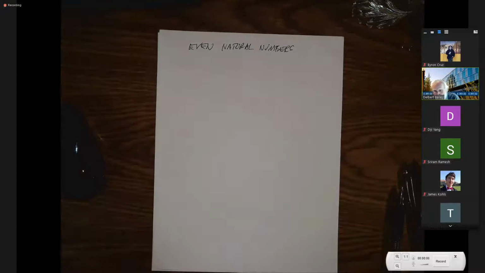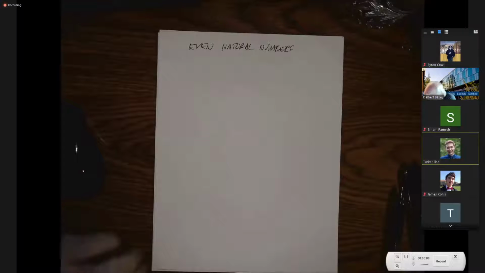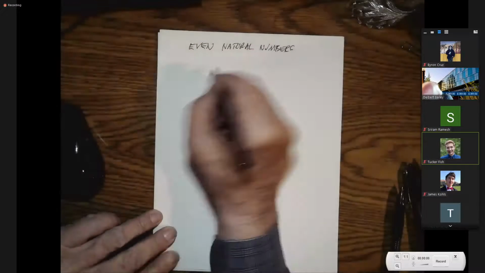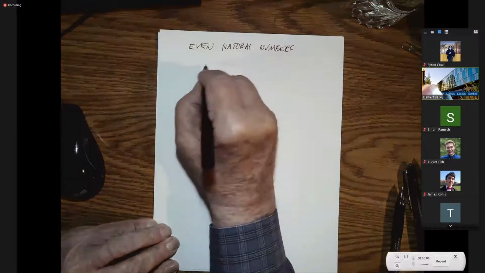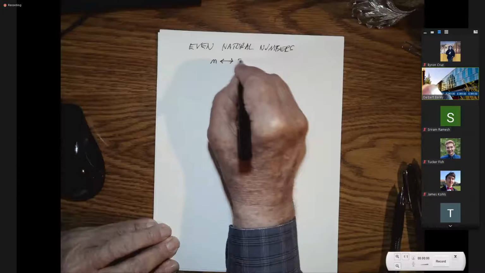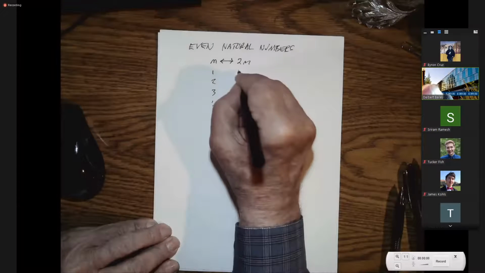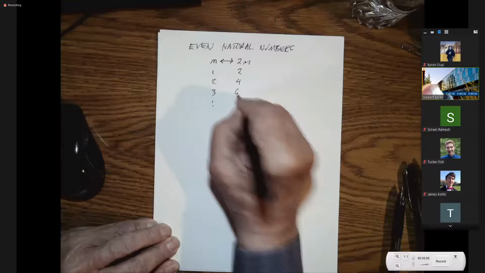There's certainly an infinite number of them, right? Are they countably infinite? Remember, what's our definition? That you can put them in a one-to-one correspondence with the natural numbers, the whole set of natural numbers. Yes, they are countably infinite. You bet. And here's our correspondence. Etc.